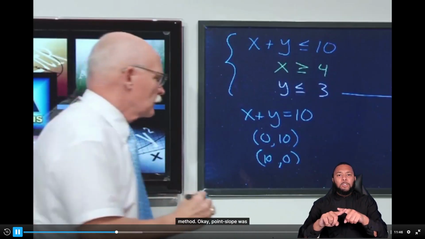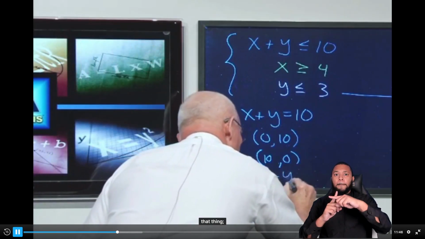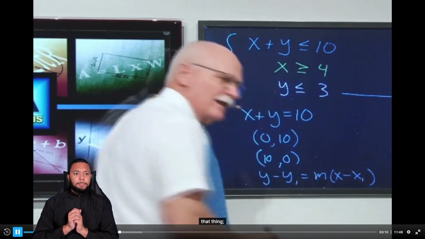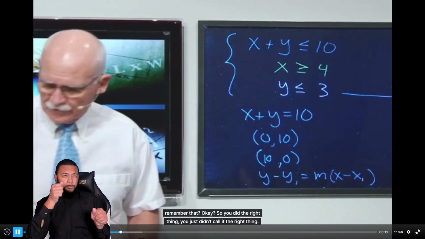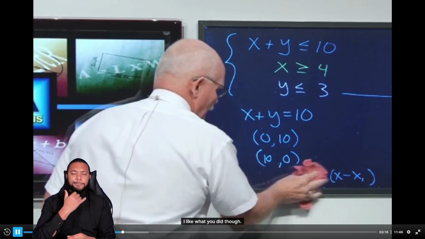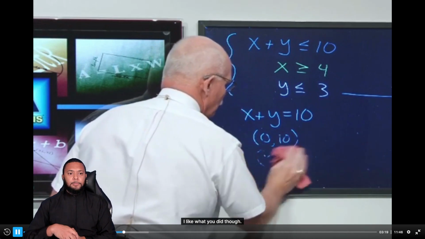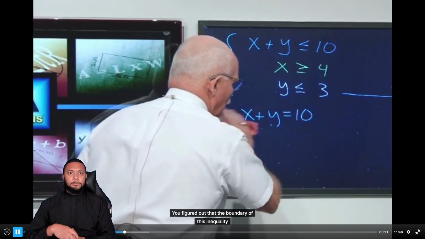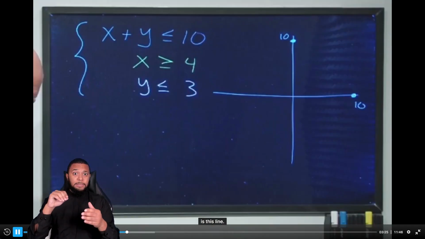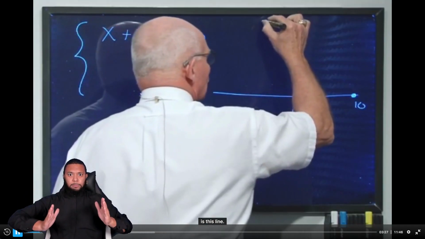Okay? Point slope was that thing. Remember that? Okay. So you did the right thing, you just didn't call it the right thing. I like what you did, though. You figured out that the boundary of this inequality is this line.